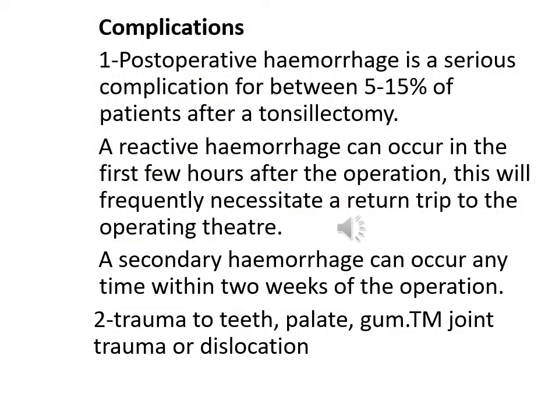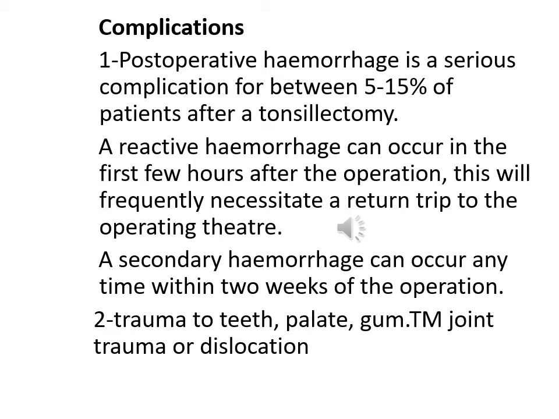The most common complication of tonsillectomy or adenoidectomy is bleeding, and in the bleeding we have a primary one, or reactive hemorrhage, and a secondary hemorrhage. The important one is the reactive hemorrhage, or the primary one, which can happen either within the first 24 hours or within the operative theater.